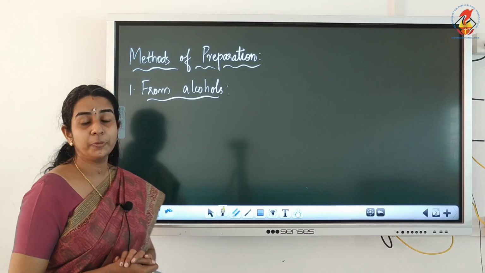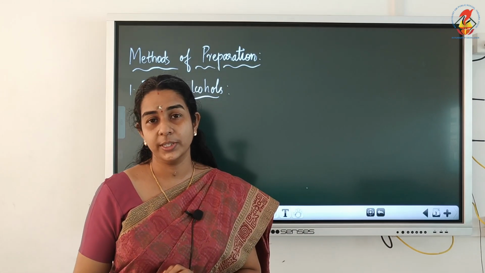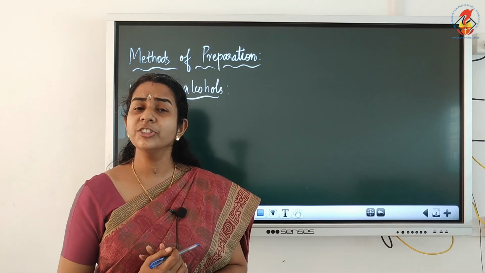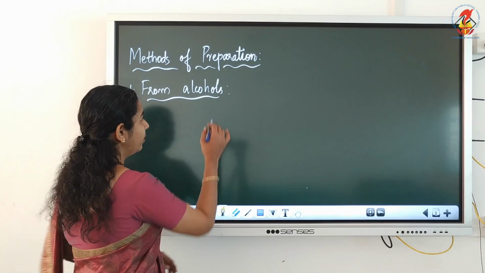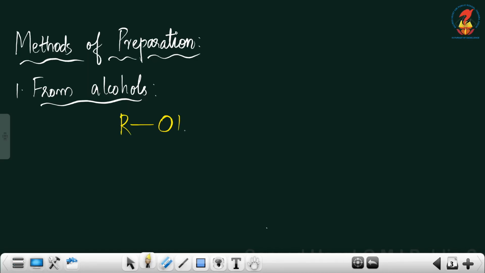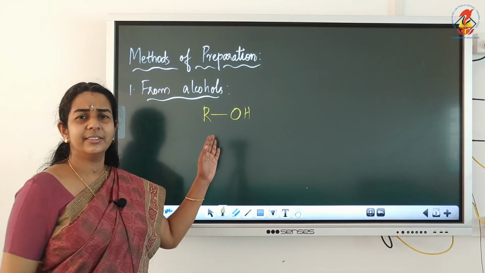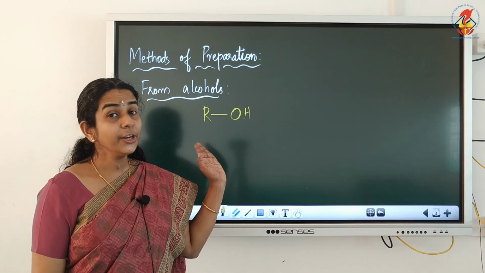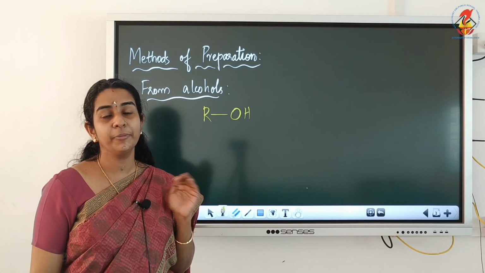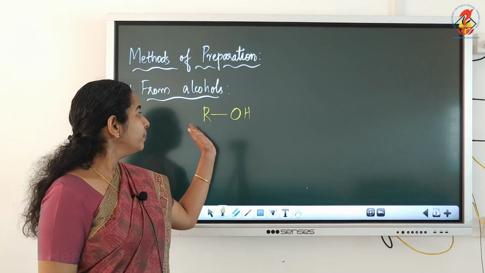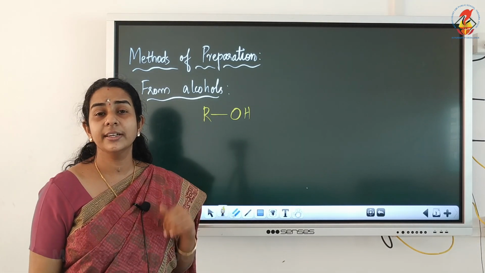The first preparation method is from alcohols. What is the general representation of an alcohol? Yes, it is ROH. So from this, it is very clear that we cannot prepare aryl halides from alcohols, isn't it? Because the alcohol formula is ROH.